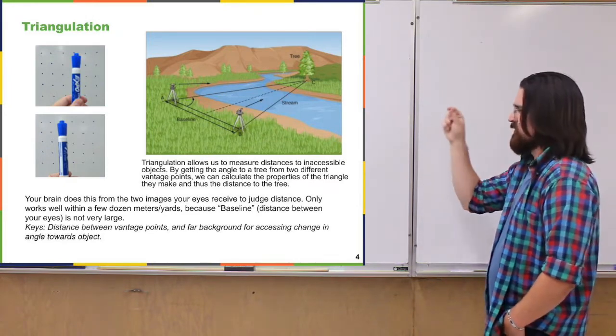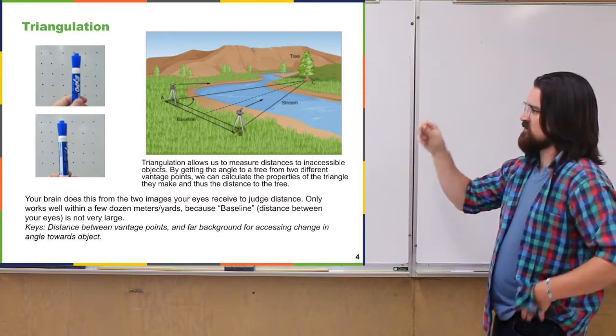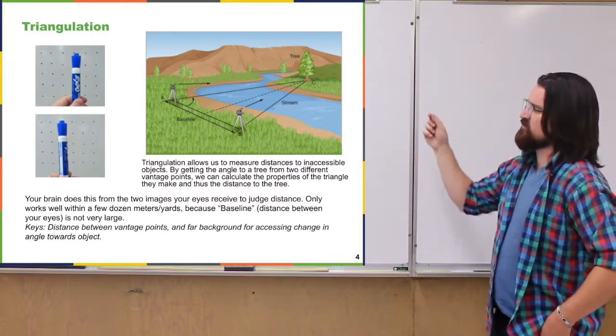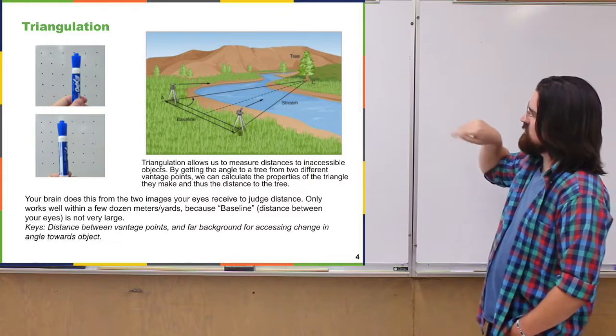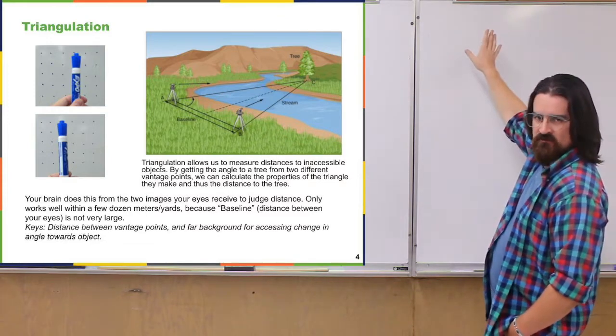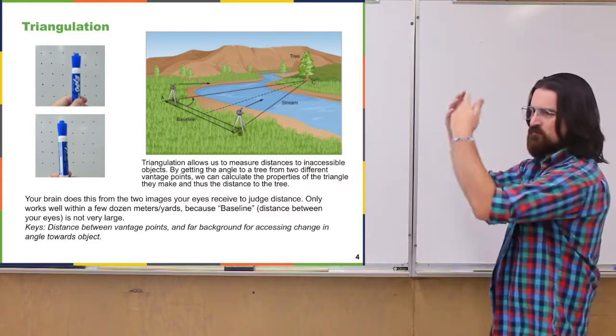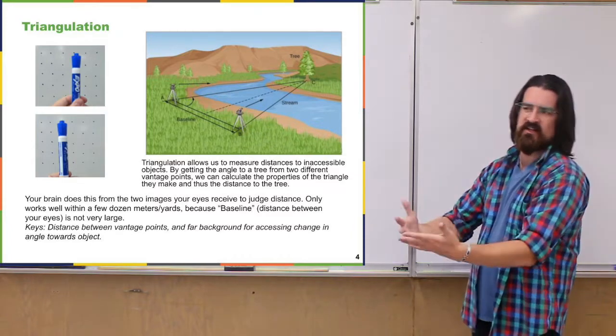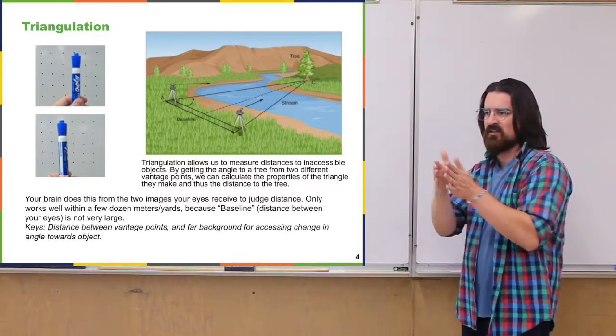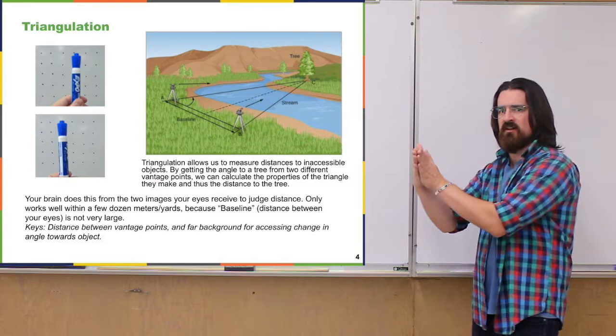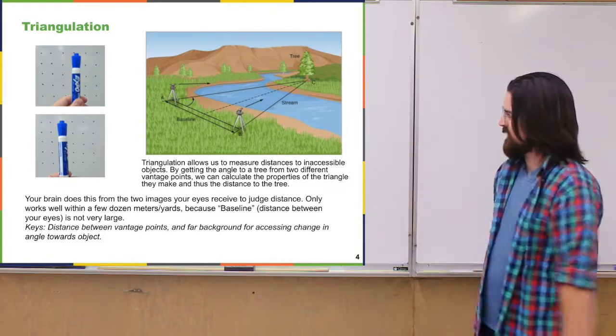So you could tell from one side the pen is a little to the right, from the other side the pen's to the left. In this triangulation, you're using the mountains in the far background. Because if it's just blank behind the thing and there's nothing behind that, then there's no way to really tell how the angle had changed from one vantage point to the other. So you need this sort of background.